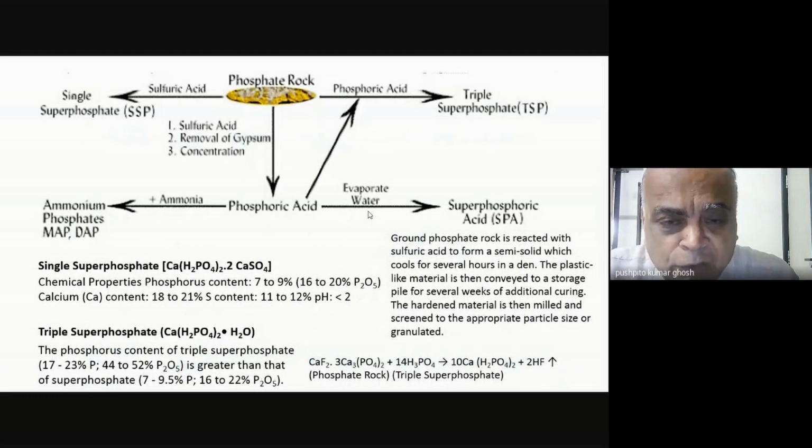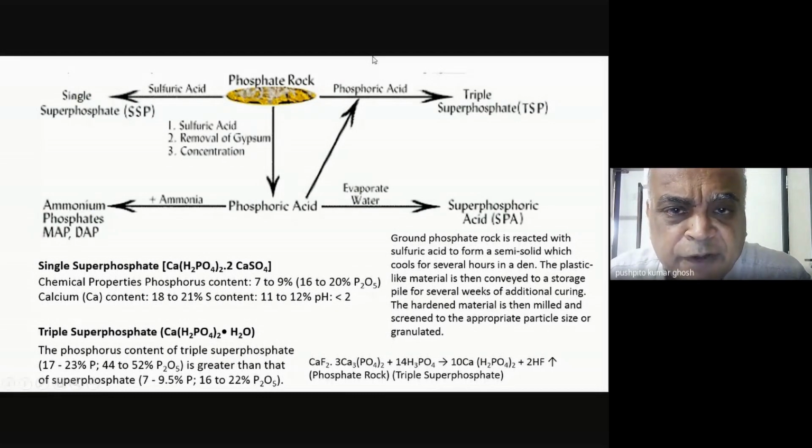Okay, now let us see how exactly fertilizers are made. So it all starts from phosphate rock. It doesn't matter whether you're importing phosphoric acid or finished fertilizers or phosphate rock. It all finally is coming from phosphate rock. So that you have to remember.